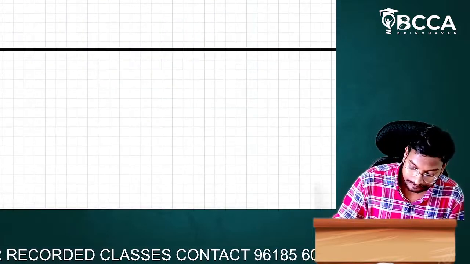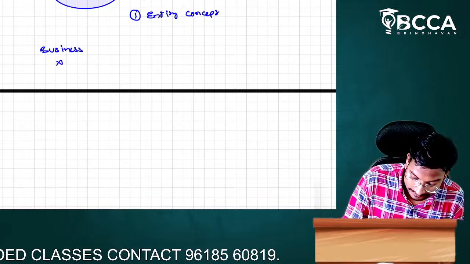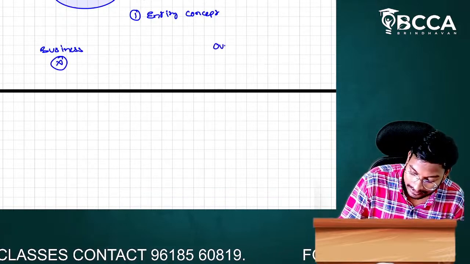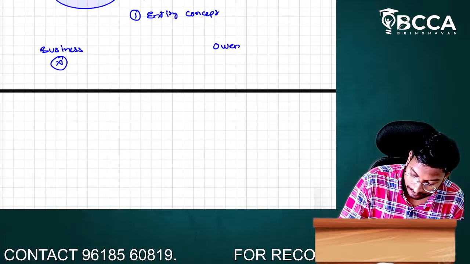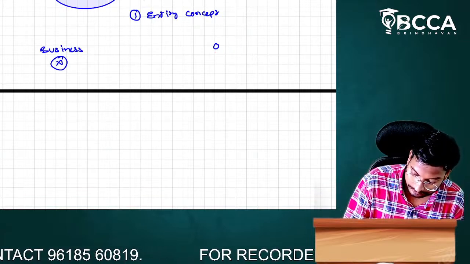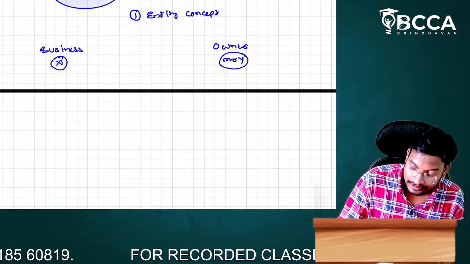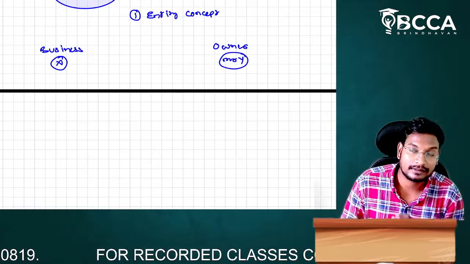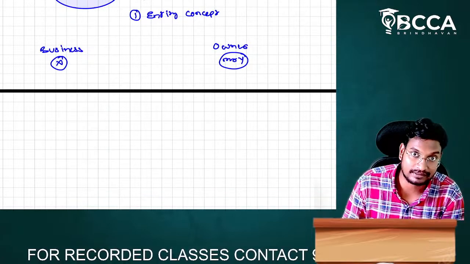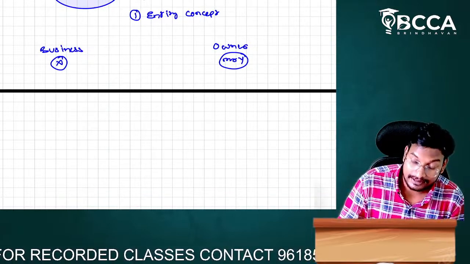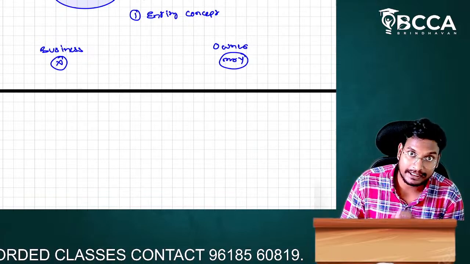Assume the business is Mr. X and the owner is Mr. Y. The owner and the business are different persons, because there is a concept called the entity concept.